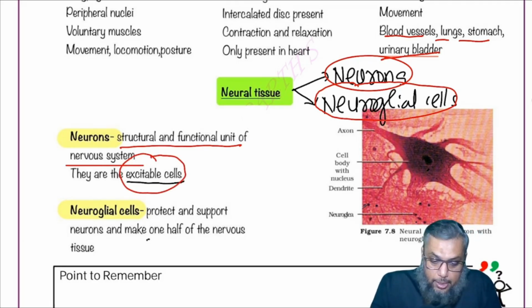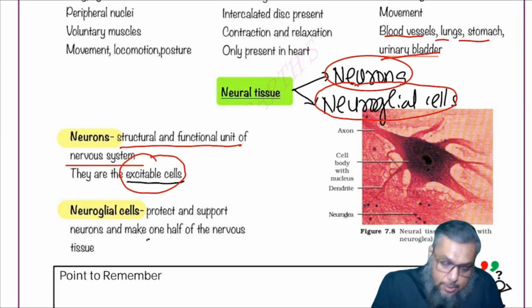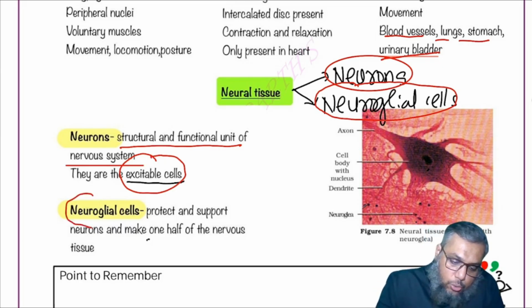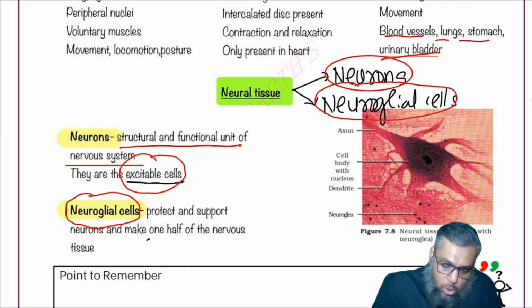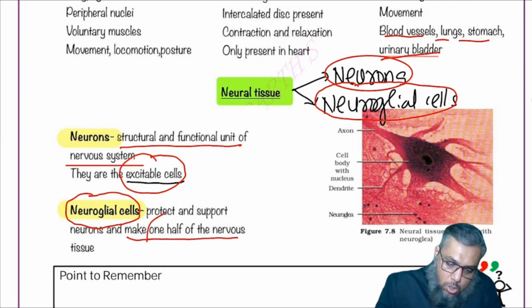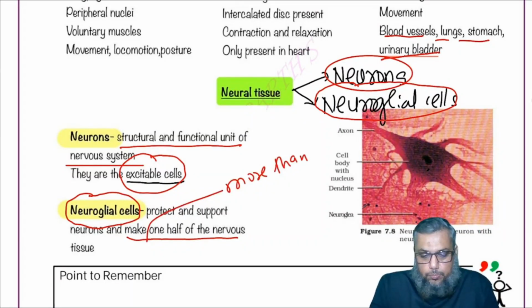लेकिन इनको प्रोटेक्ट करने के लिए, इनको सपोर्ट देने के लिए जो सेल्स हैं उनको कहते हैं न्यूरोग्लियल सेल्स। और हमेशा ध्यान में रखिए कि न्यूरोग्लियल cells are much more than the neurons. That is why the NCERT says that the neuroglia make more than one half of the nervous tissue.